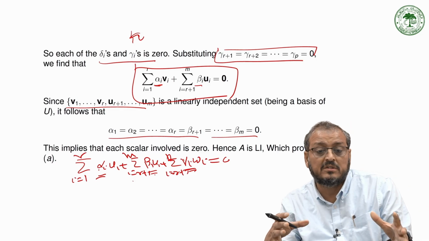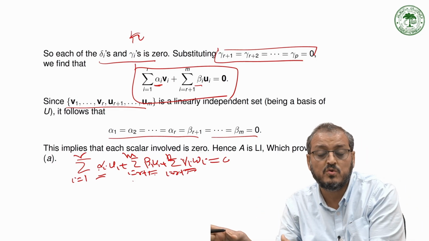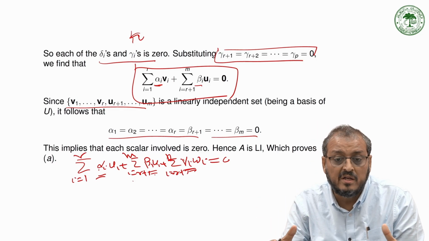If this sum of linear combination is equal to 0, this is a trivial linear combination.